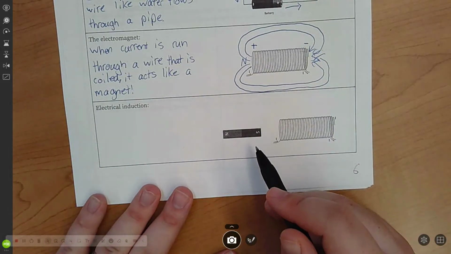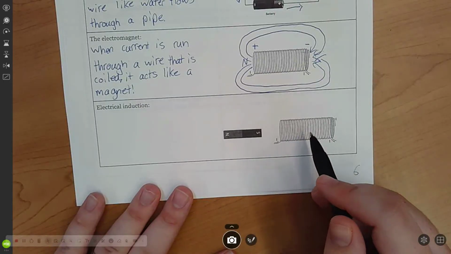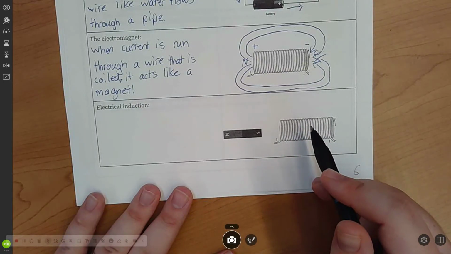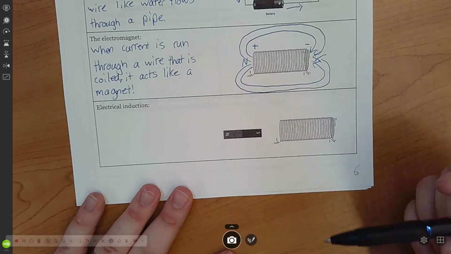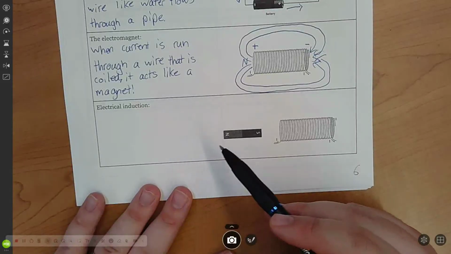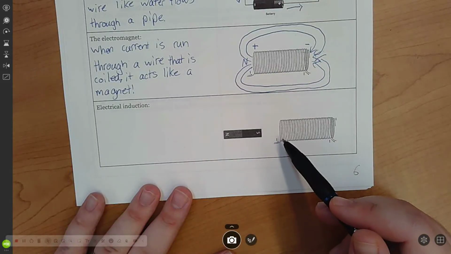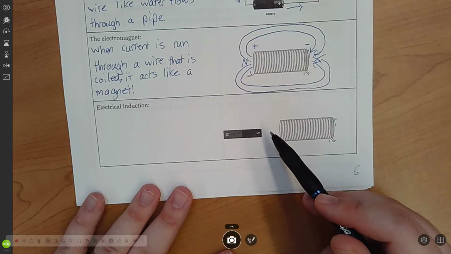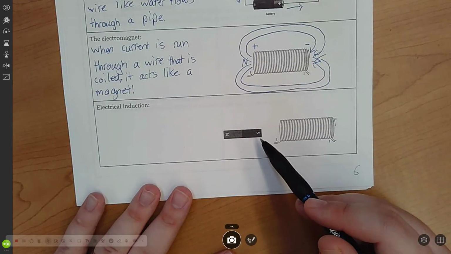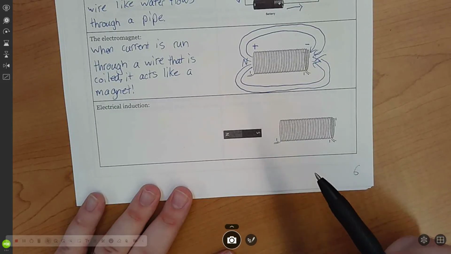So you'll notice down here we've got a bar magnet and we've got a coil. So this is kind of going to be the flip side of the electromagnet, where instead of using electricity to create a magnetic field, we're going to use a magnetic field to create electricity.